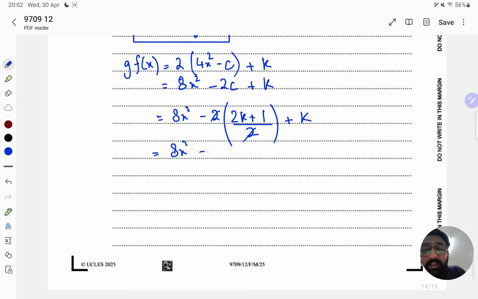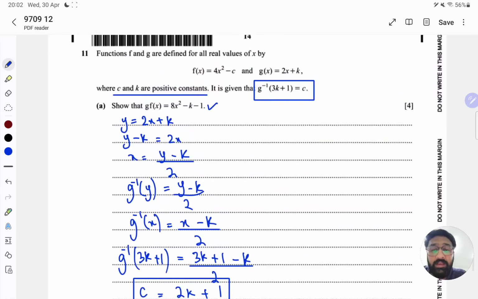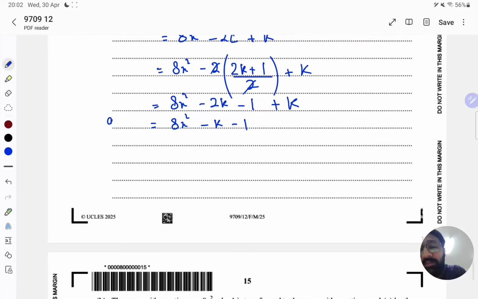It will be 8x square minus 2k minus 1 plus k. So this will simplify. It will be 8x square minus k minus 1. And yes, this is what we were supposed to show. gf of x.